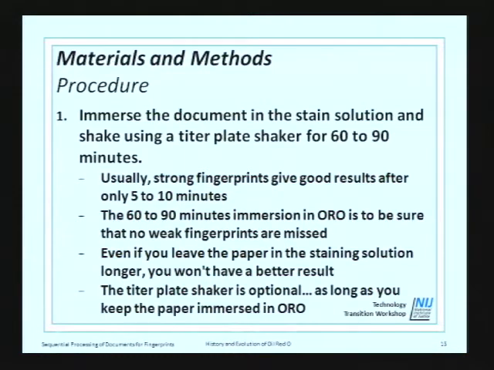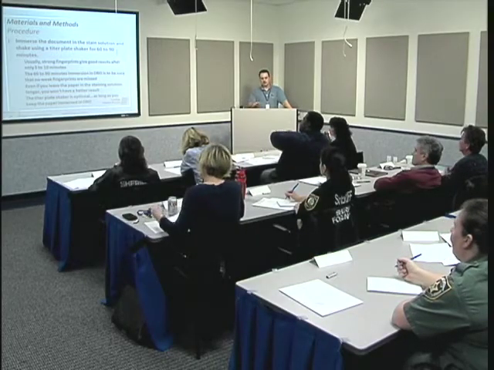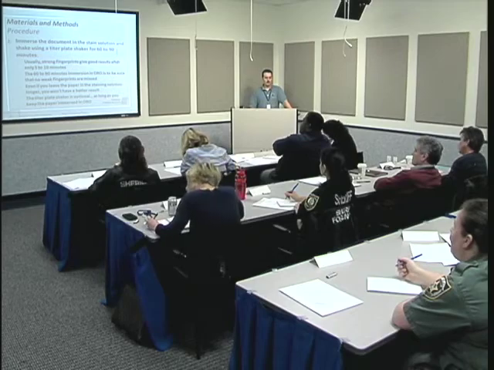Usually, a strong fingerprint shows up. If you got a good fingerprint, you're going to have a good result after 5 to 10 minutes. So it's pretty quick. But usually, you better keep your exhibit in the solution for about 60 minutes at least, just to make sure that you don't have any weak fingerprint that could be elsewhere on the paper.